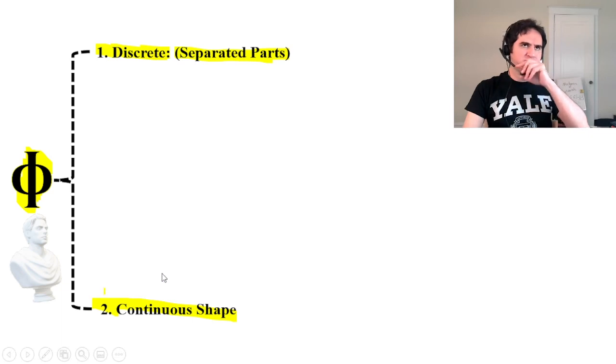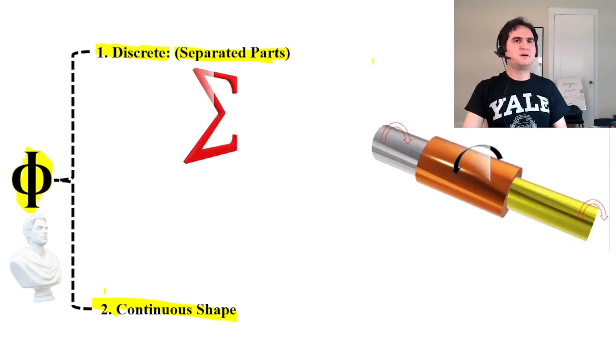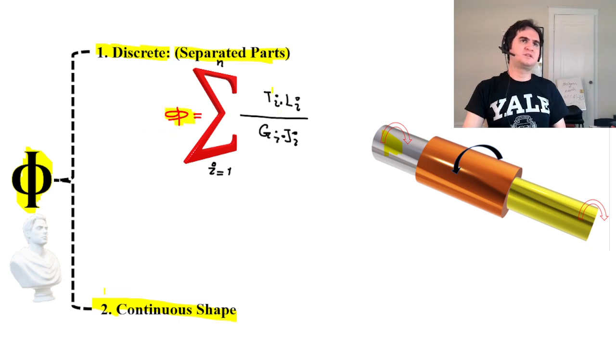The first is when you have different shafts, for example solid or hollow, with different materials and different diameters, handling different torsional torques. In that case, phi is the summation of Ti times Li over Gi Ji, from i to n, for any number of different blocks that you have.